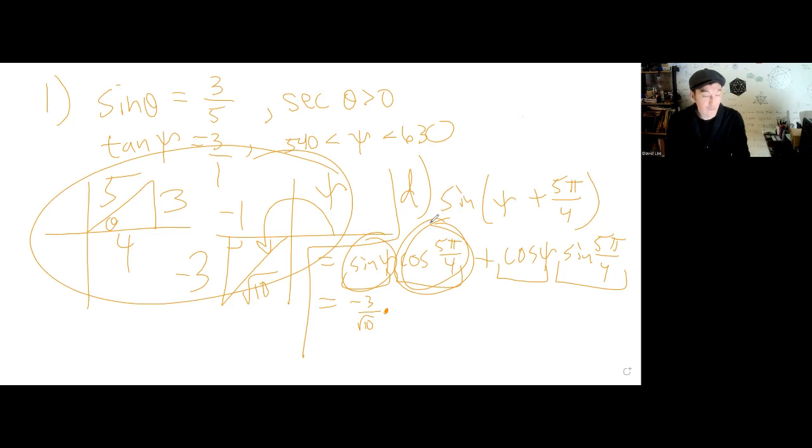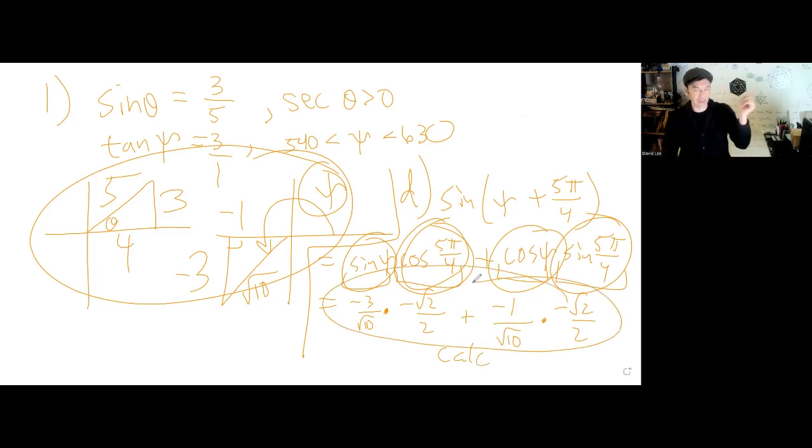The cosine of 5 pi over 4 should be negative square root 2 over 2. Plus cosine of psi would be, go to psi, adjacent over hypotenuse, times. And similarly, the sine of 5 pi fourths, use your unit circle, you'd see that it's negative square root 2 over 2. And then go calculator on all of that to get your answer.